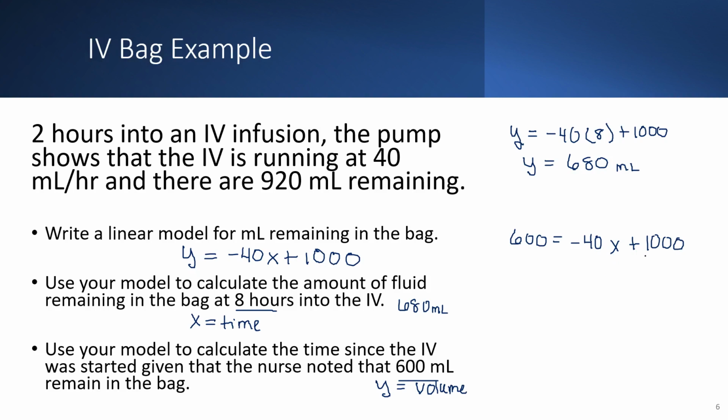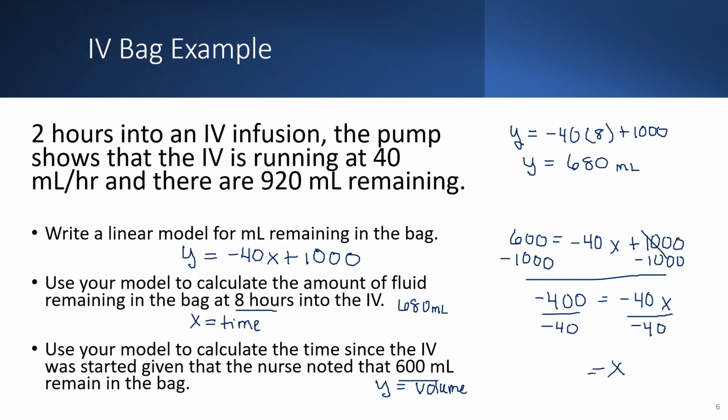First step of algebra is to move the 1,000 to the other side by doing the opposite. So I will subtract 1,000 from both sides of my equation. And that gives me negative 400 equals negative 40x. Then to get x completely by itself, I want to do the opposite, so it's multiplied, so I will divide by negative 40 on both sides, and that will give me x equals 10. So this observation of 600 milliliters remaining in the bag happened 10 hours into the IV.